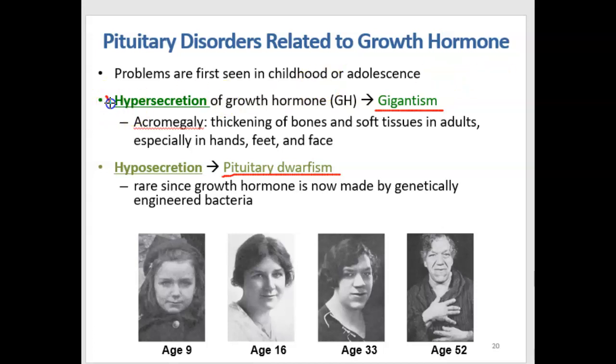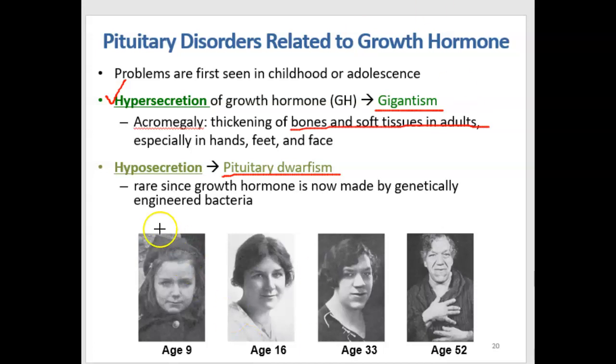So if there's hypersecretion of the pituitary growth hormone, then what will happen is the bones and soft tissues will grow quickly in adolescence, and it's called acromegaly. You get thickening of the bones, especially the hands, the feet, and the face.